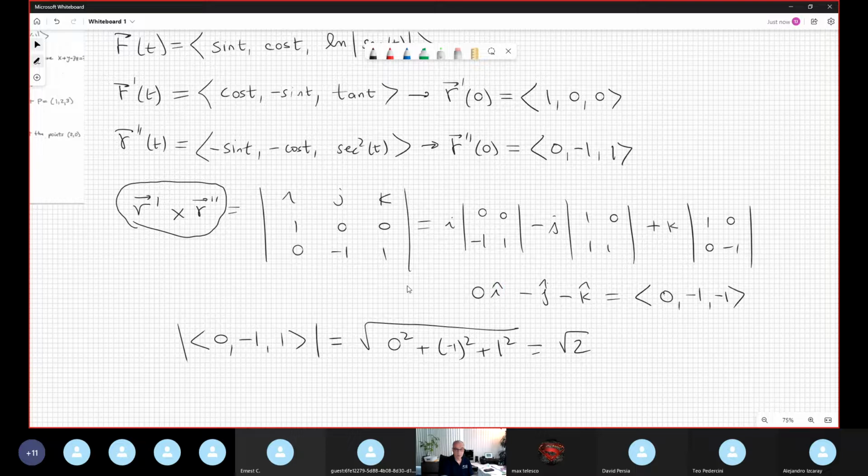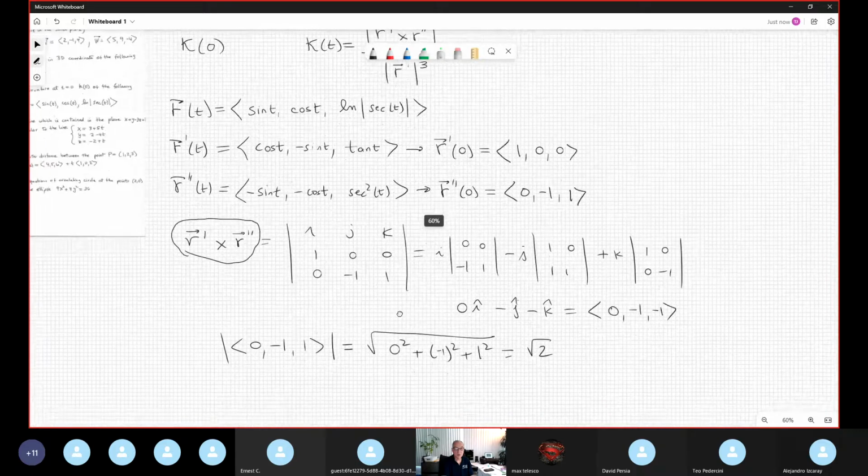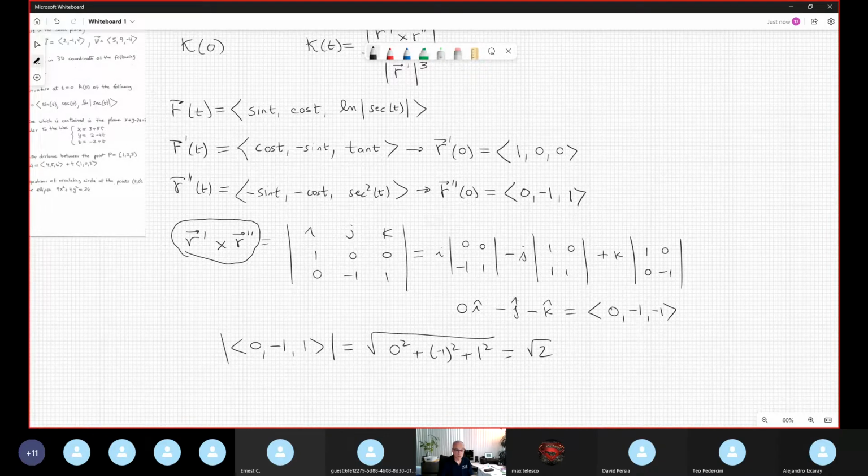Now, in order to find the curvature, we need the actual value of R prime. R prime is the vector 1, 0, 0, and the magnitude is obviously 1. It's obviously 1: 1 squared plus 0 squared.